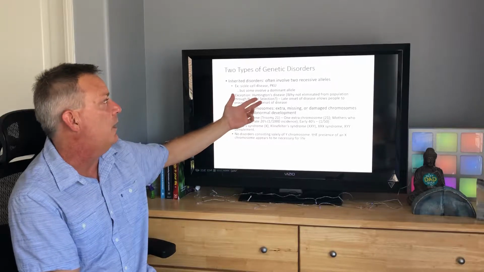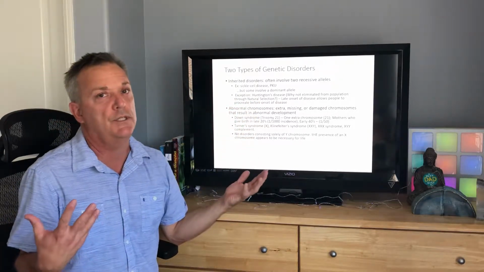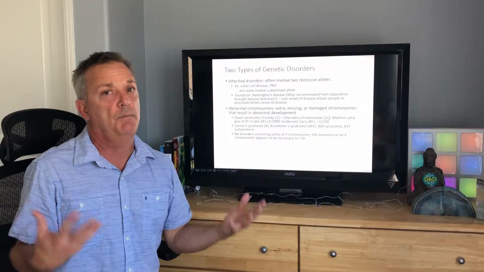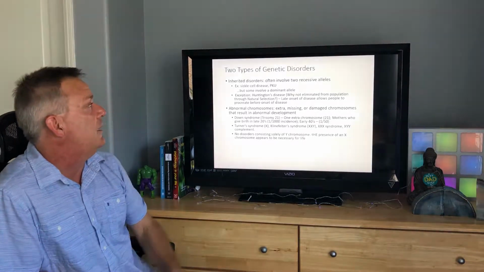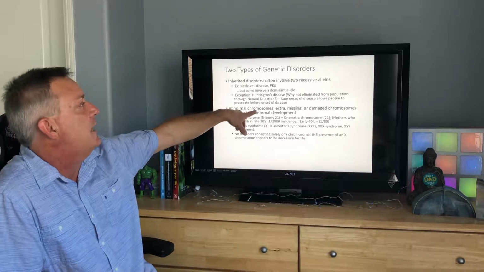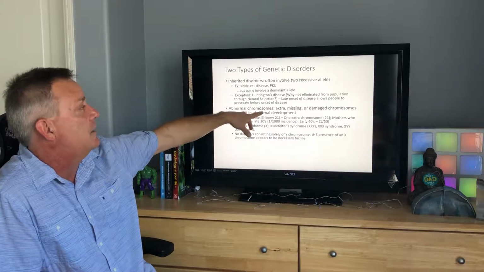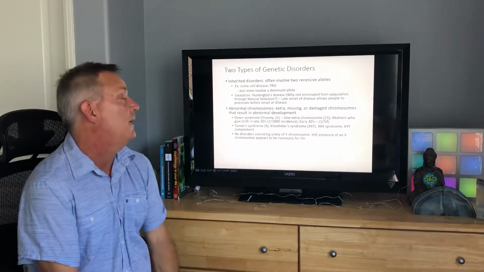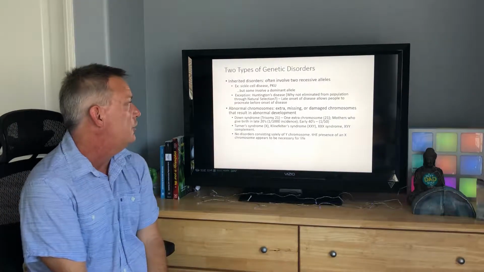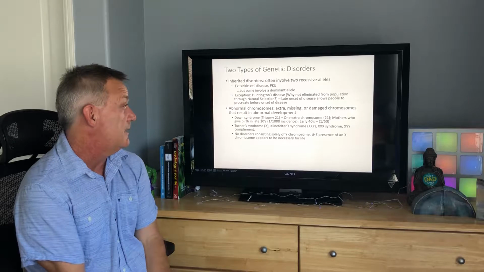So one would wonder, how does it stay in the population and continue? The reason is that there's an onset of the disease at a late time, like in the 30s. And so people end up procreating before they have issues related to Huntington's disease.